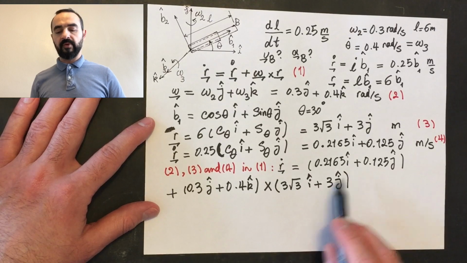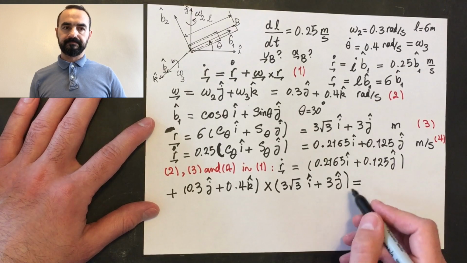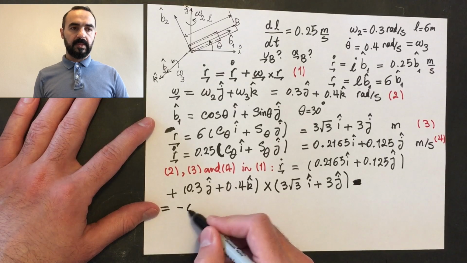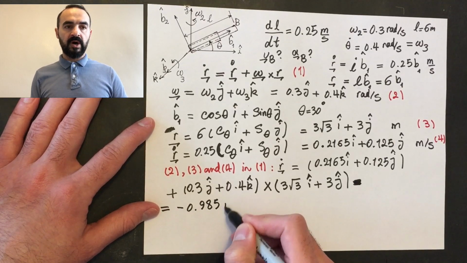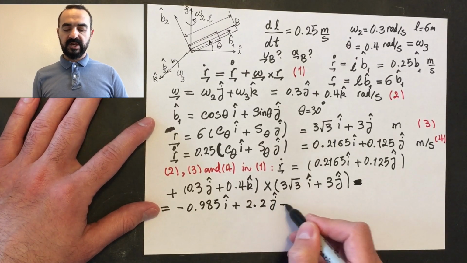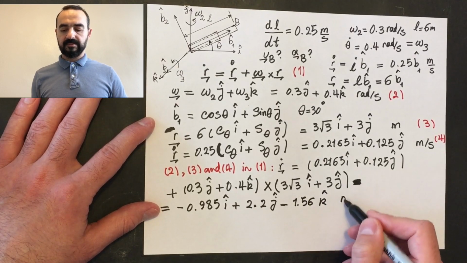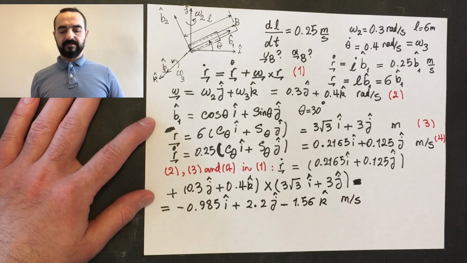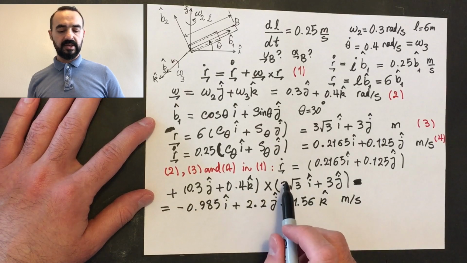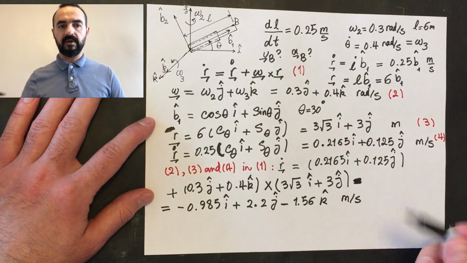Once you perform this operation, you can simply add these two and get negative 0.985 I hat plus 2.2 j hat minus 1.56 k hat, and this is meters per second. So we have r circle and we have computed r dot, and this is what we were looking for at the beginning. So r dot is the velocity of point B.